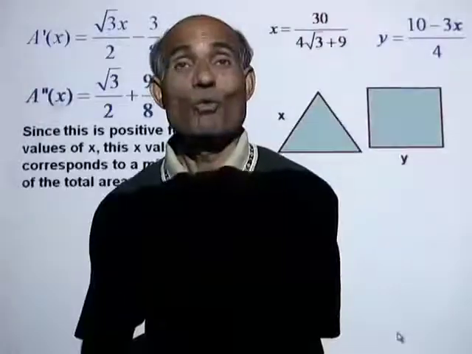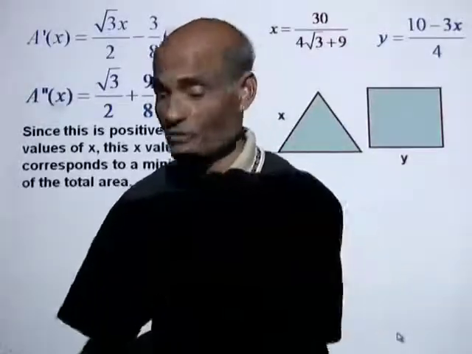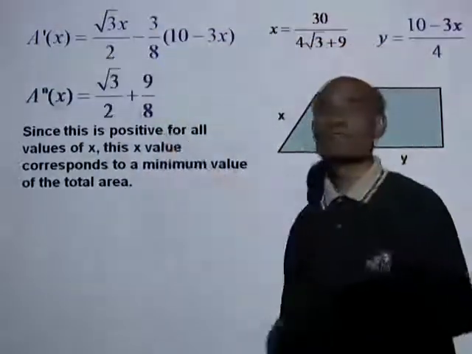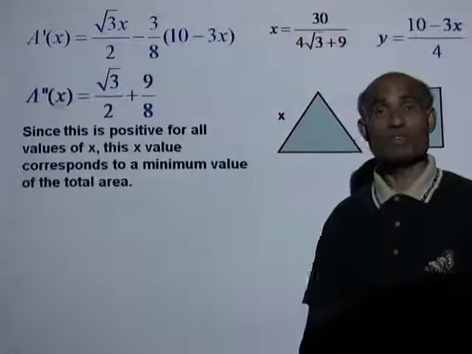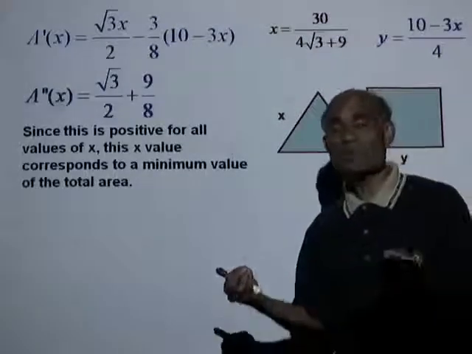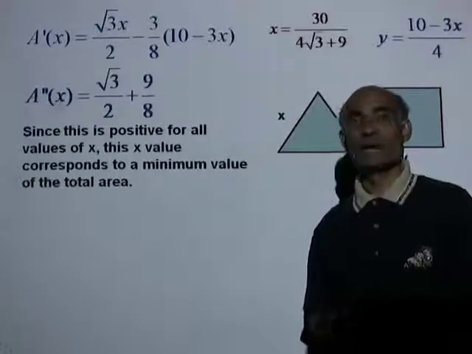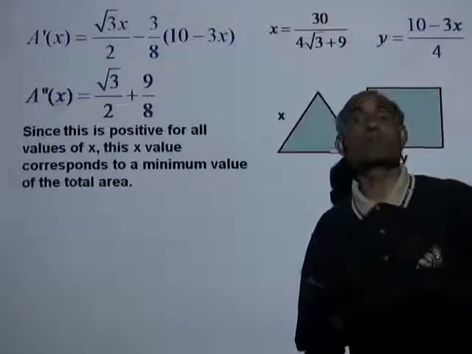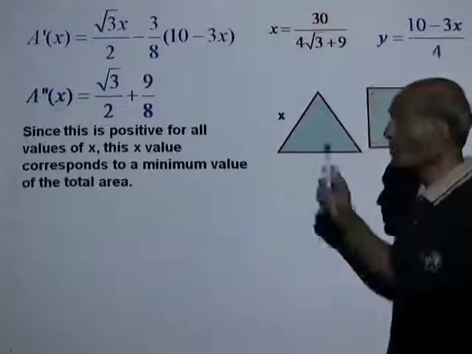What that means is, since for all x values the second derivative is positive, this x value corresponds to a minimum total area. And we now got the value of x that gives the minimum total area.